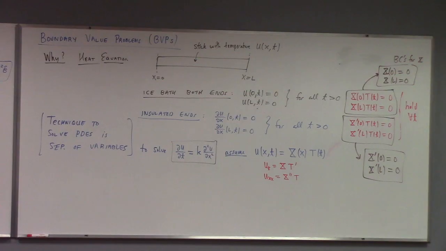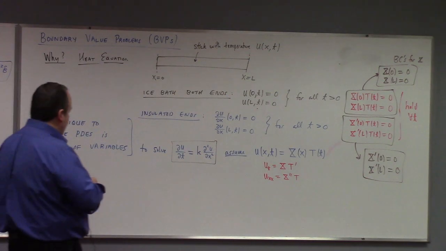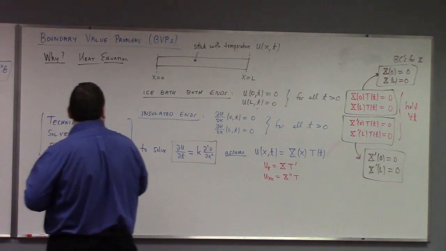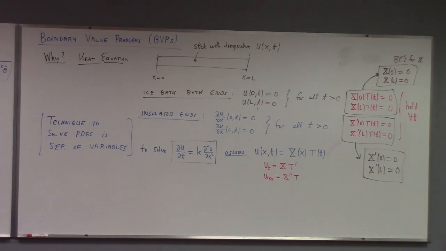So X prime is a derivative with respect to x, and T prime is a derivative with respect to t. I'm going to put it up here so you guys can see it better.